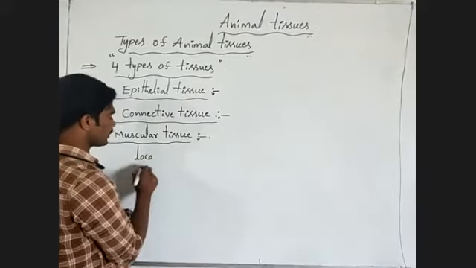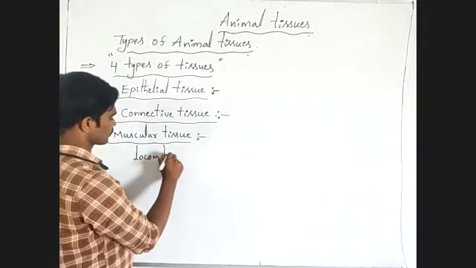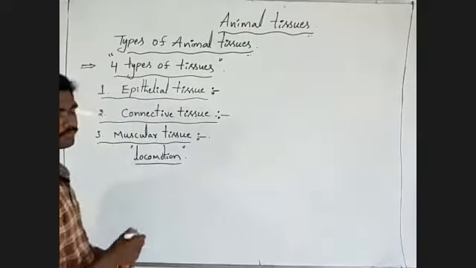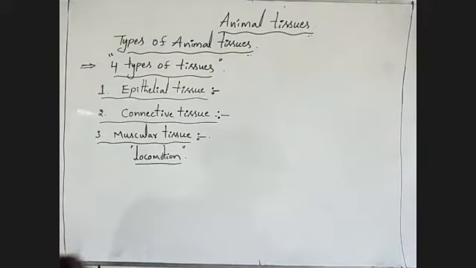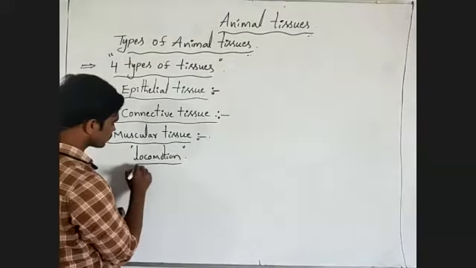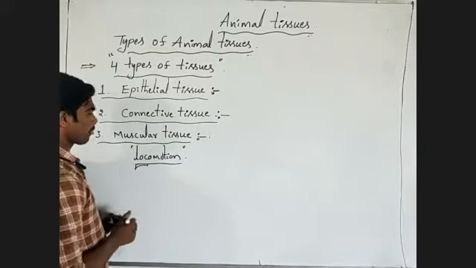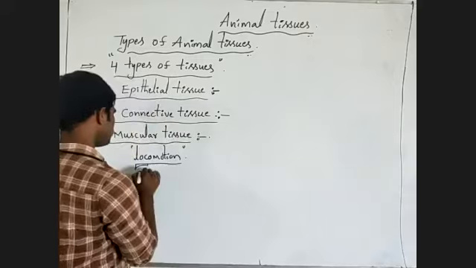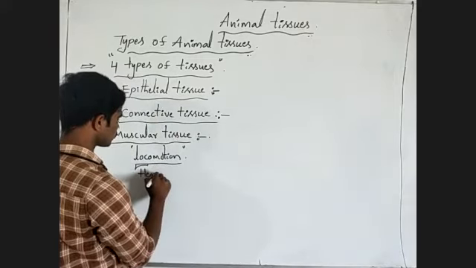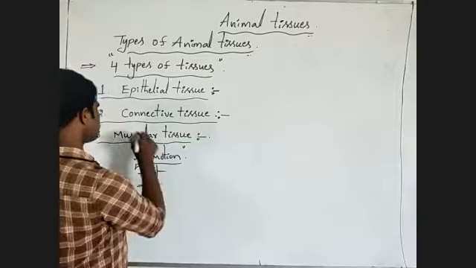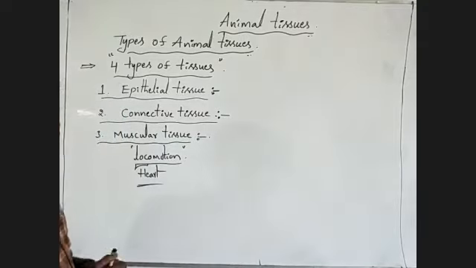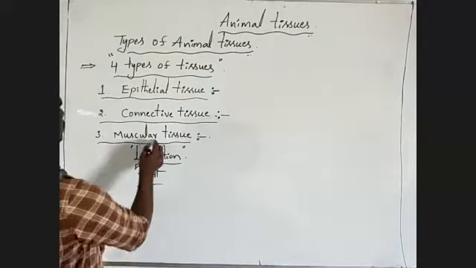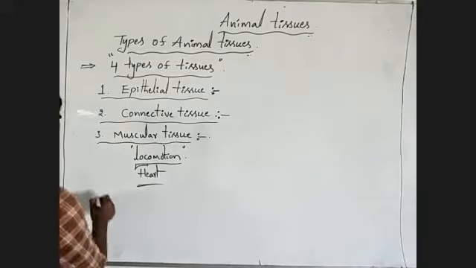Locomotion is very important here. Locomotion is dependent on the muscular tissue and the function of the heart. It is dependent on muscular tissue.